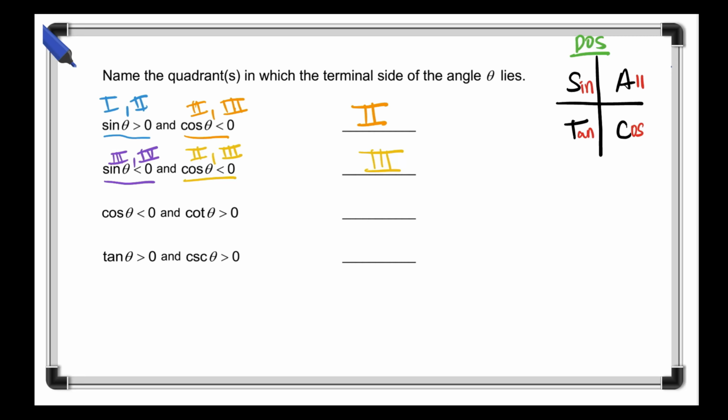All right, our cosine is going to be negative in quadrant 2 and quadrant 3. And our cotangent, that's the reciprocal of tangent, is going to be positive in quadrants 1 and 3. So that overlap is, again, quadrant number 3.